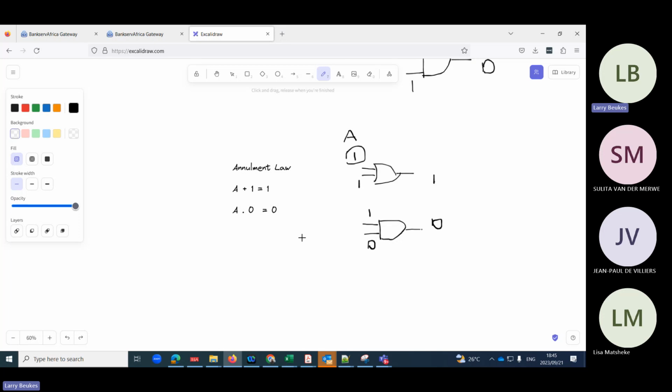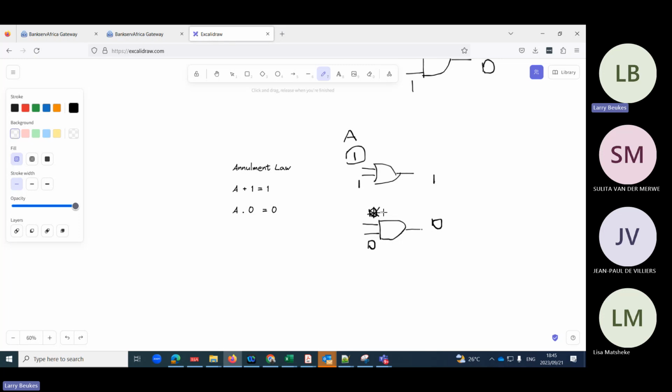If one of these inputs is low, the output will be low. So it doesn't matter what the value of A is. If A is 1 and this value is 0, the output will be 0. And if A is 0, the output will still be 0, right?